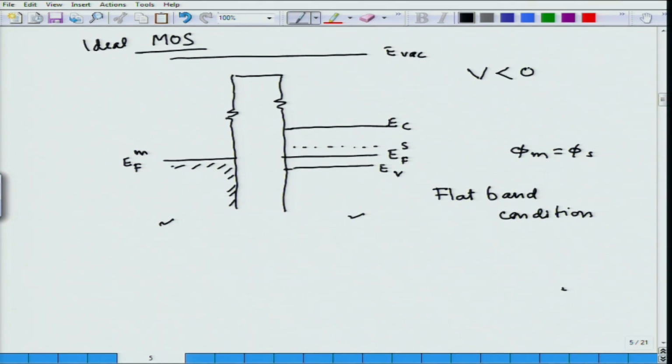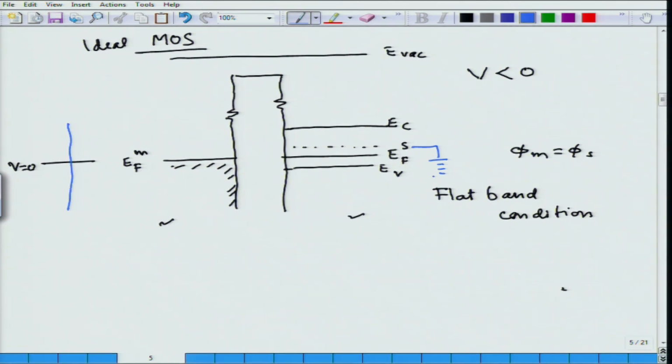What is going to happen here? Basically, I will apply a voltage less than 0 with respect to a p-type semiconductor. If I take the semiconductor at ground, in the flat band condition there is no voltage applied, V is equal to 0, and now I am looking at the situation when I apply a voltage with respect to this ground.